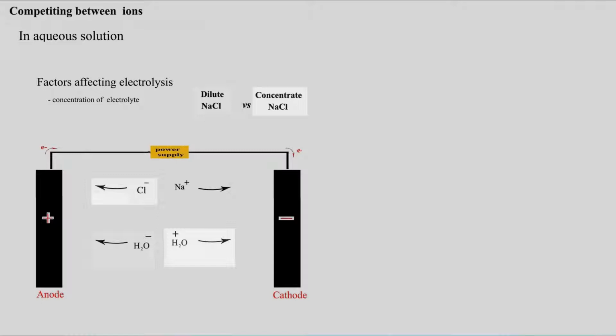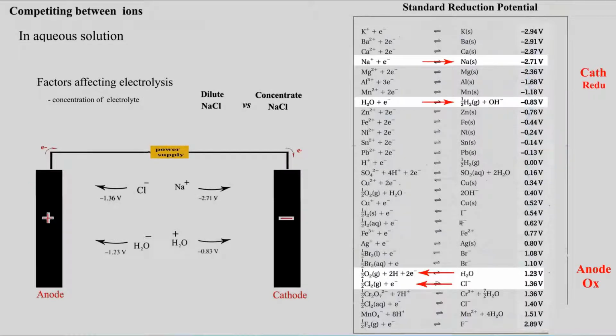So now let's look onto the table again. On anode, in dilute NaCl, the reaction is going to be water, because of the most positive wins rule.